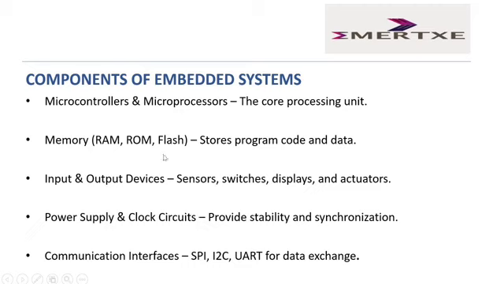Coming to input and output devices, they sense data through switches, display, and act like actuators. Then power supply and clock circuits provide stability and synchronization, and communication interfaces like SPI, I2C, and UART are used for data exchange.